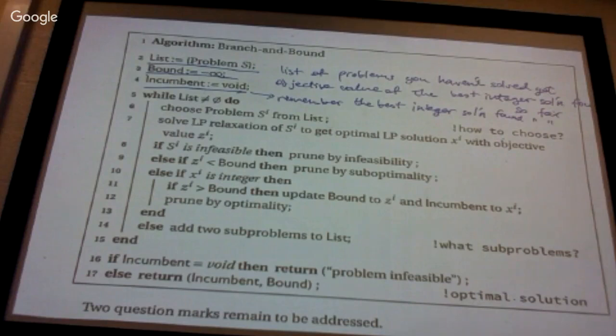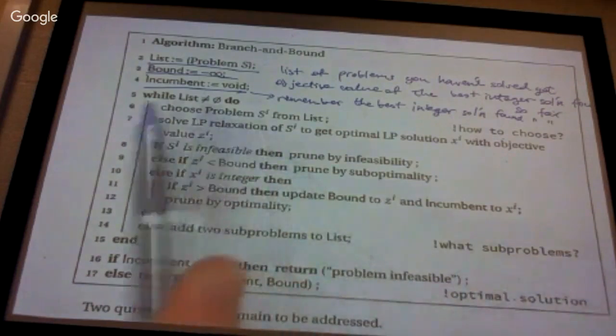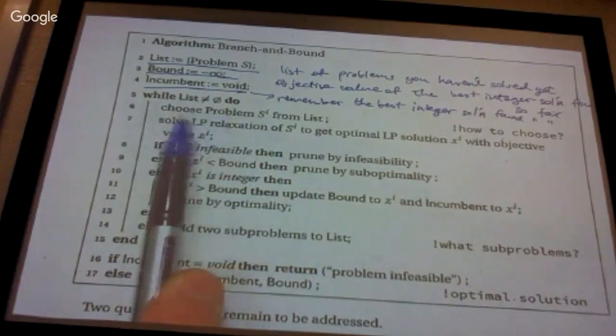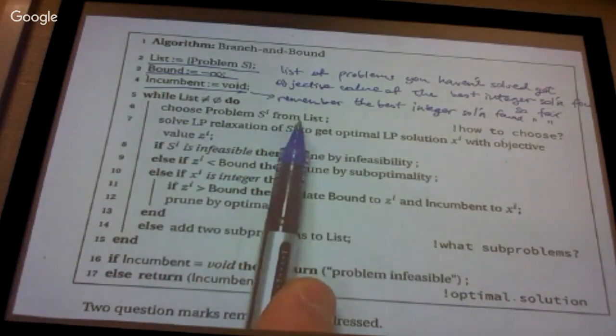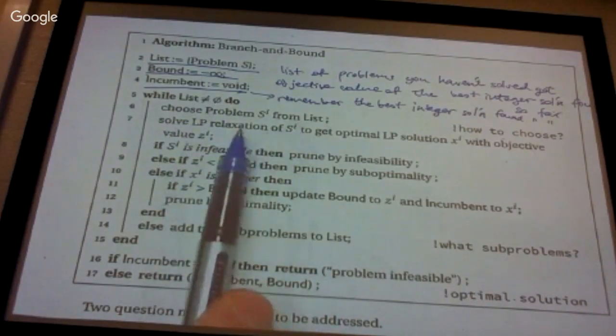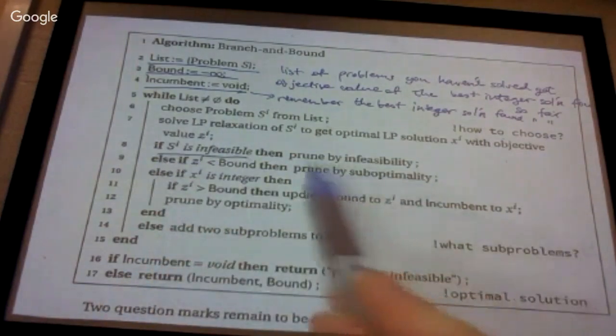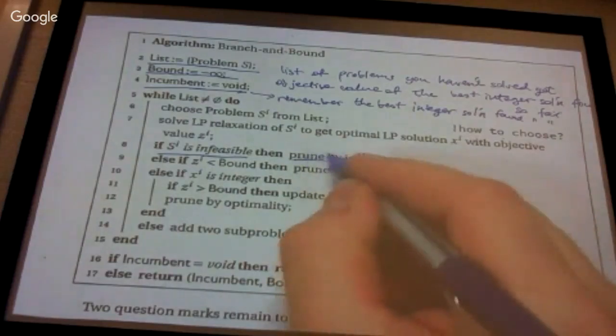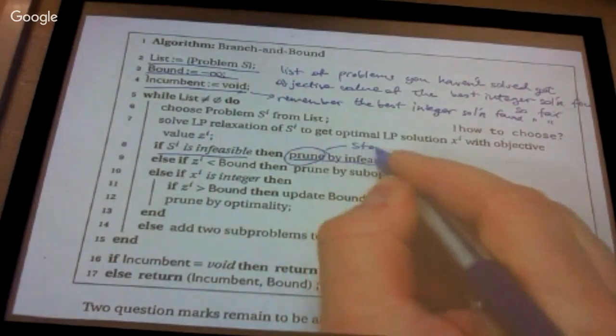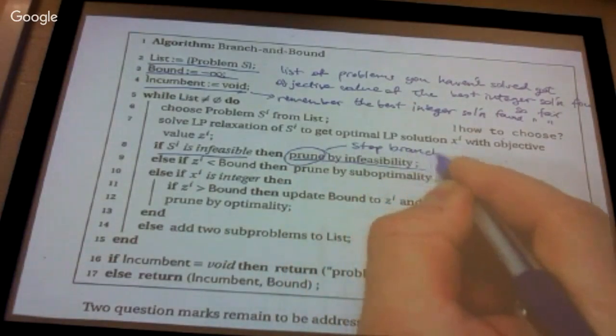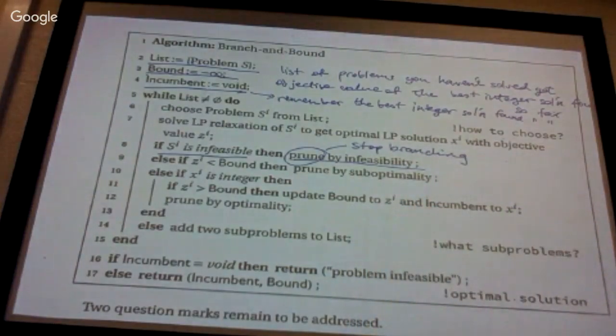And then how do you keep working on it? When you look at your list and there's something on the list, you pick a problem on the list, you solve its LP relaxation. If you find it's infeasible, then there's nothing more to do, so you stop branching. Prune means stop branching. And you've already solved it, so you remove it from the list.